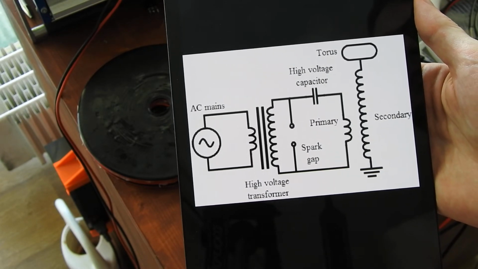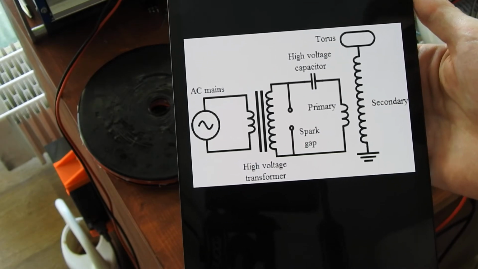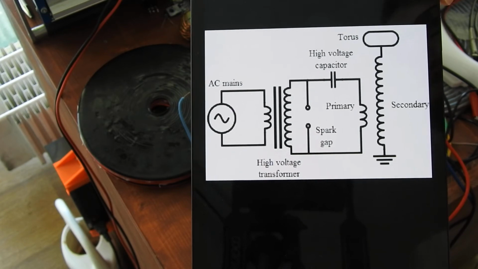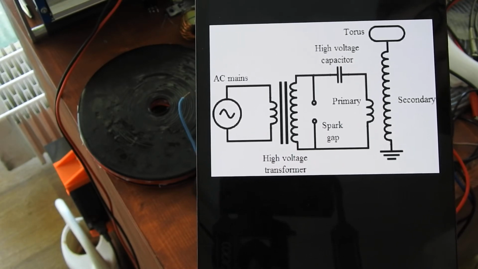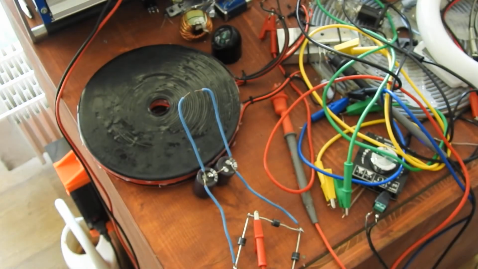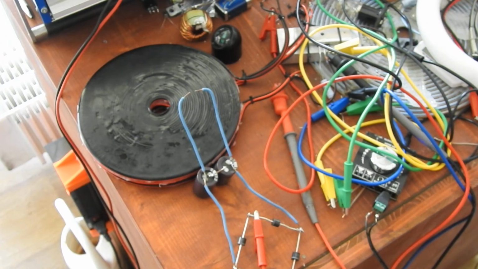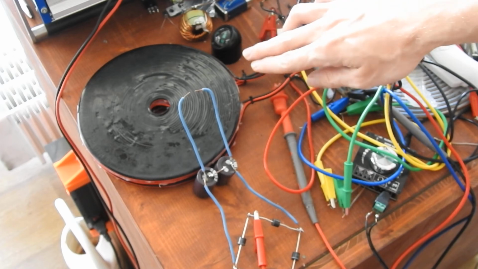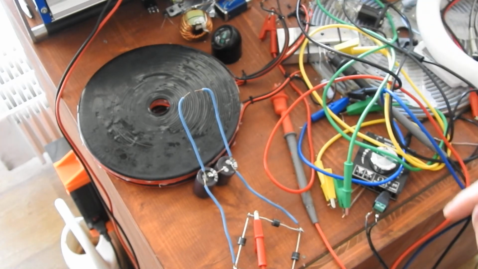And this is what I'm going to show you now. I'm giving you a practical example of how this cold electricity works and what it is. So here you see my setup. It's a high voltage impulse generator, and if you want to know how it works, watch my older videos.